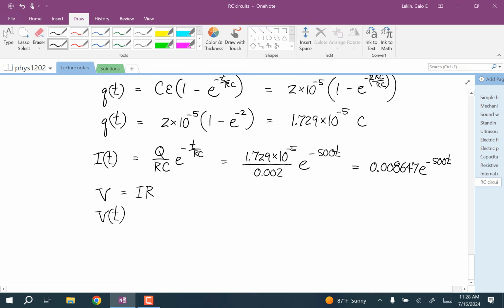So the voltage across the resistor as a function of time is equal to 2,000 times the current. And we just figured out the current function. So this gives us 17.29 e to the negative 500t. So we're starting out with a voltage across the resistor of 17.29 volts, and then we're decreasing from there as time goes by.